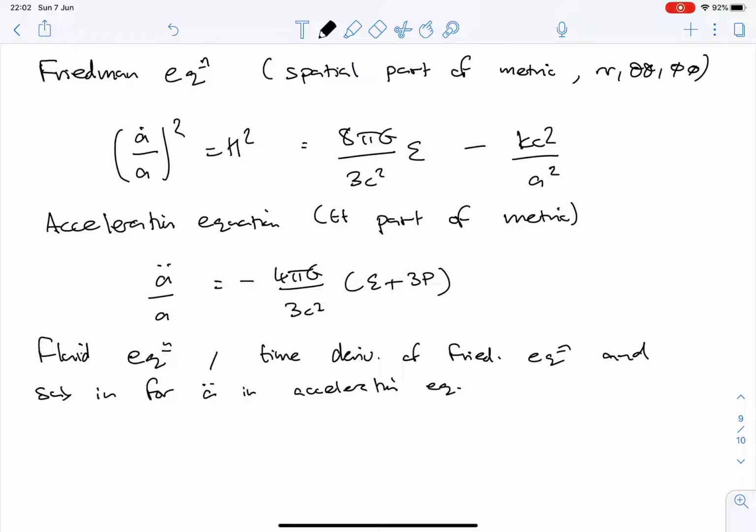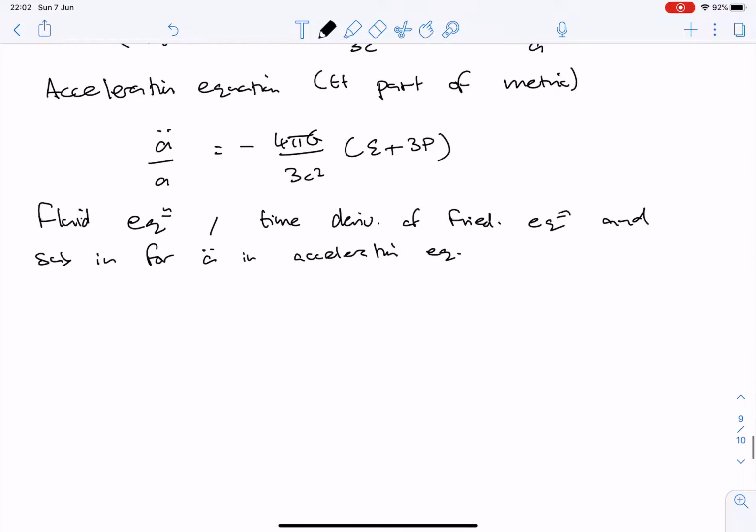Or, if you want to, because you're worried about the fluid, you can also go from the covariant derivative of the stress energy tensor. And what that tells you is that epsilon dot plus 3 a dot over a, epsilon plus P, equals 0.